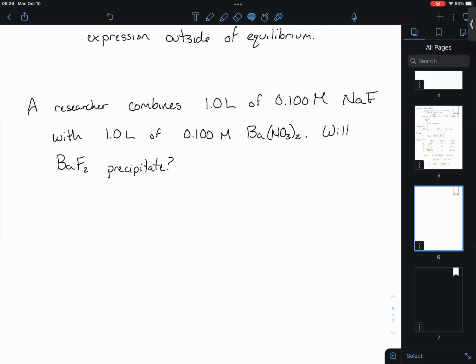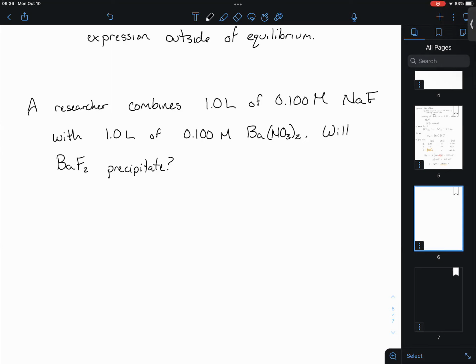So if I took 1 liter of 0.1 molar sodium fluoride, which is soluble, so it's going to completely dissociate, and mixed it with 1 liter of 0.1 molar barium nitrate, which is also completely soluble, so it will dissociate, we want to know: will the BaF2 precipitate?